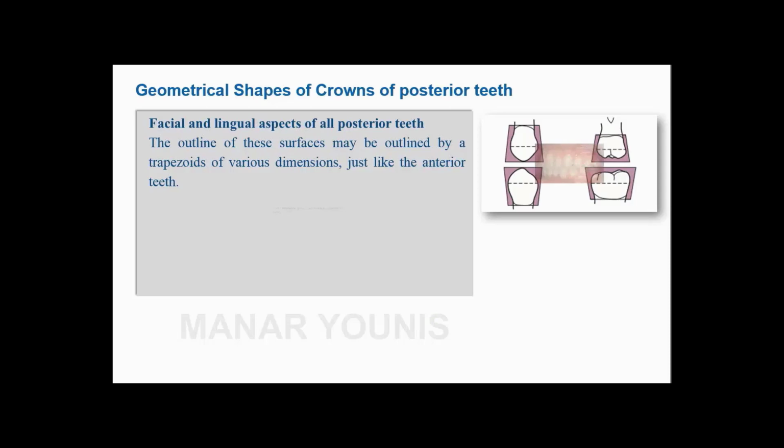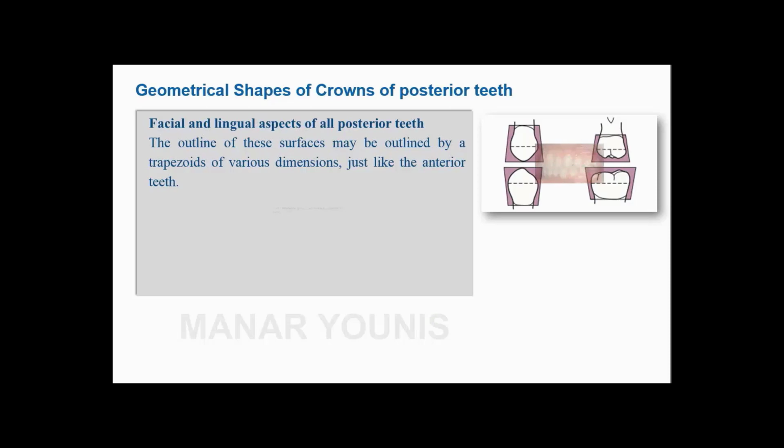Now, regarding the geometrical shape of the crown of posterior teeth, from facial and lingual aspects, all posterior teeth, just like the anterior teeth, can be outlined by a trapezoid of various dimensions, in that the shorter of the two parallel sides is at the cervix, and the longer of the two parallel sides is at the occlusal aspect, just like the anterior teeth.